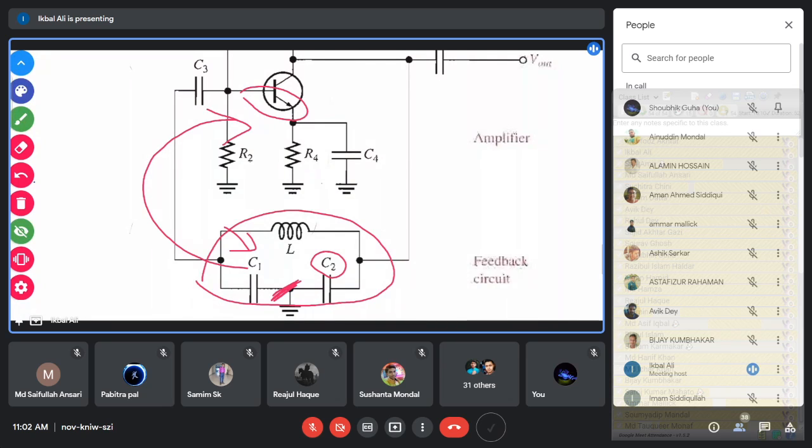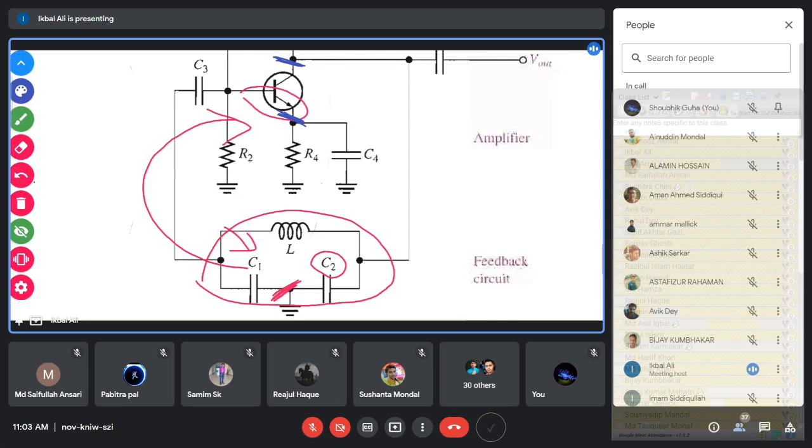You see, this is the collector of the transistor, and this is the emitter of the transistor. Between collector and emitter, you have two PN junctions: the base-collector PN junction and the base-emitter PN junction. As a whole, between collector and emitter, you have two PN junctions.